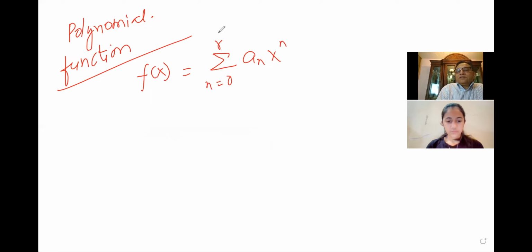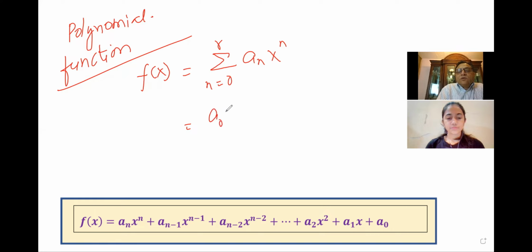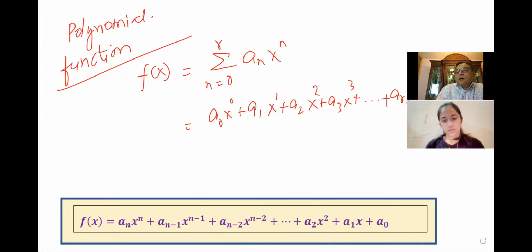Do you understand? So when I say that, let me expand this in standard form. If I expand it, I will write a0 x to the power of 0 plus a1 x to the power of 1 plus a2 x to the power of 2 plus a3 x to the power of 3 plus so on, ar x to the power of r. This is the rth term.